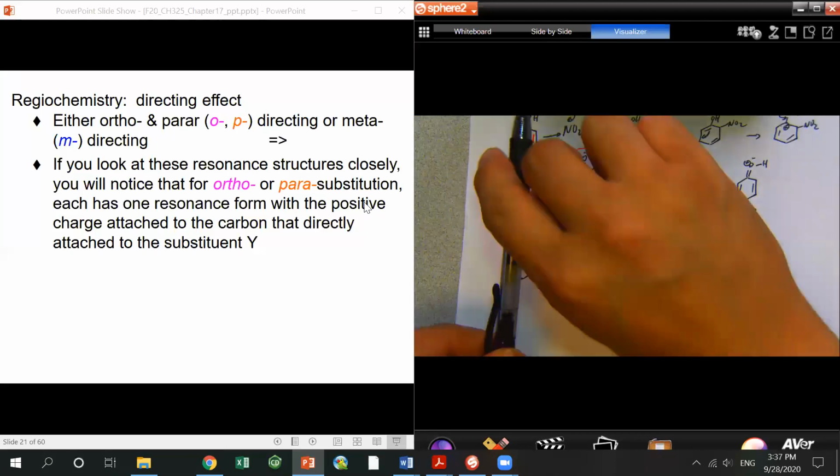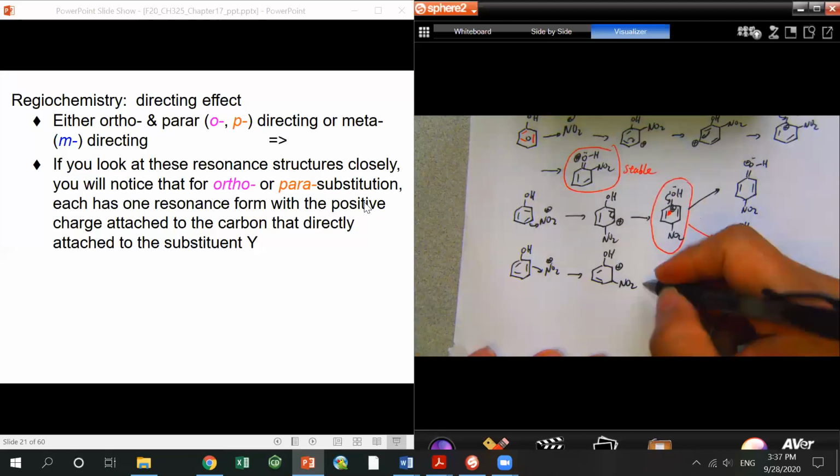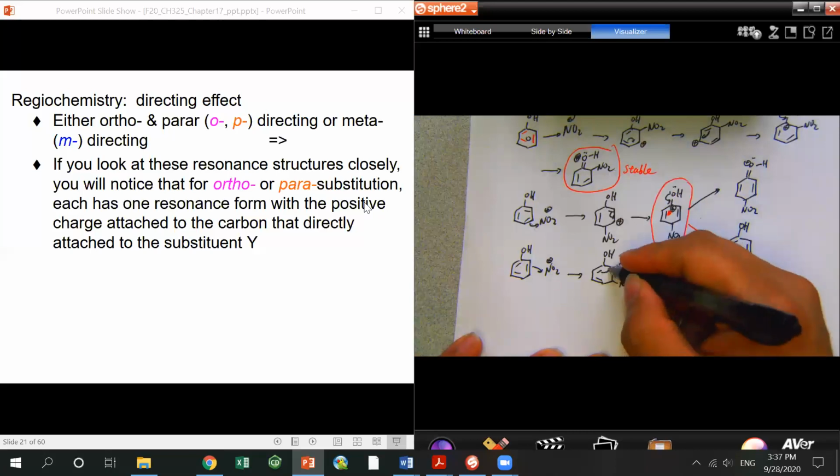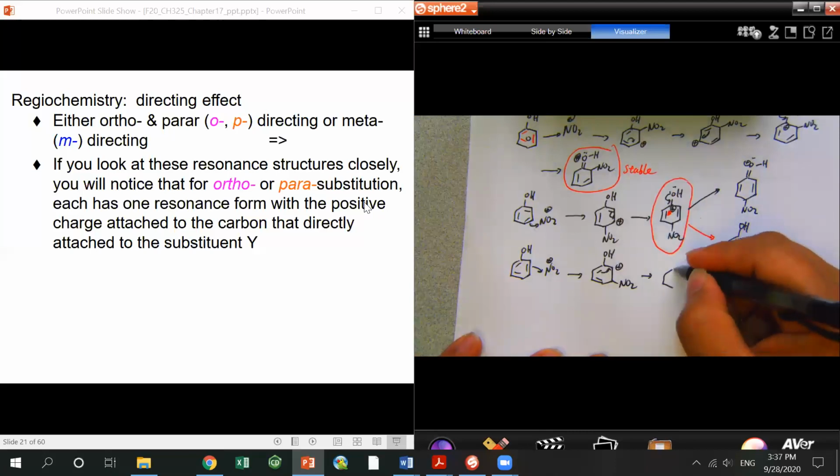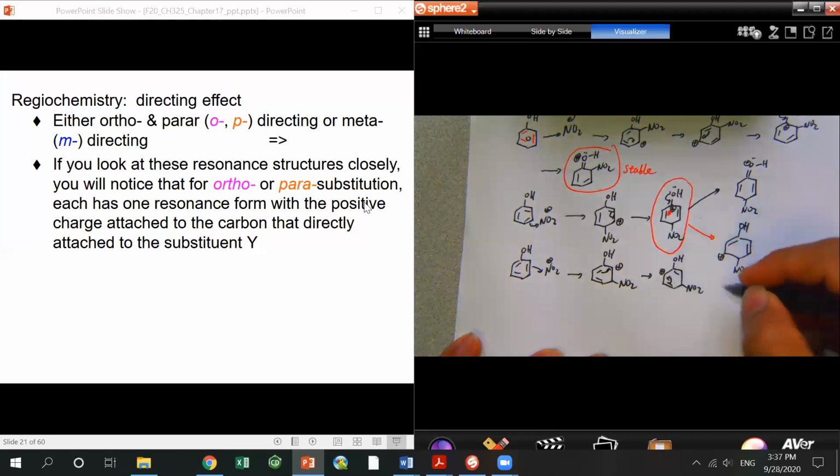So we open the bond like this, and then you can go ahead and shift the pi bond, and also shift to here, and then draw it here. And then you can continue to shift it down. So for the meta substitution situation, you find only 3 resonance structures.